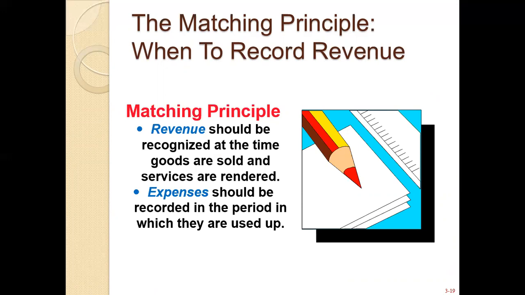Then what will happen? Maybe it will be a credit sale, but the revenue account is still going to be generated. Fine. As for expense, it should be recorded in the period in which it is used. It is a form of consumption, a form of using something, and it generates expense.